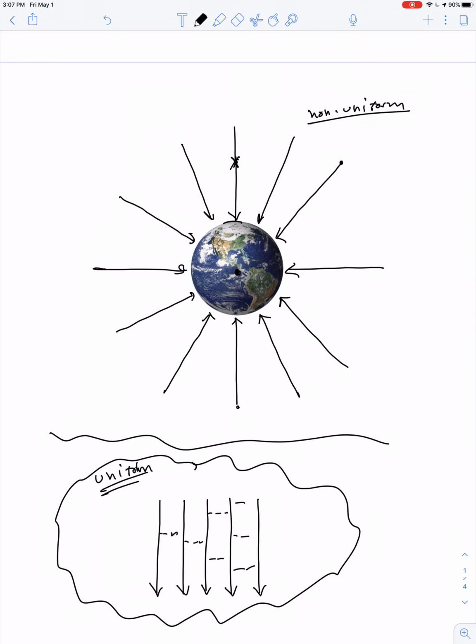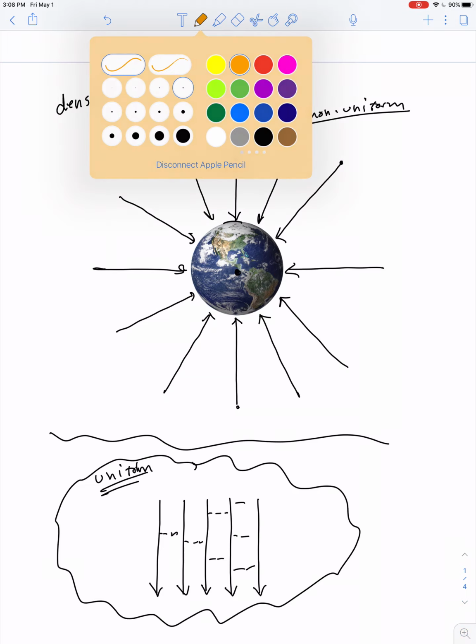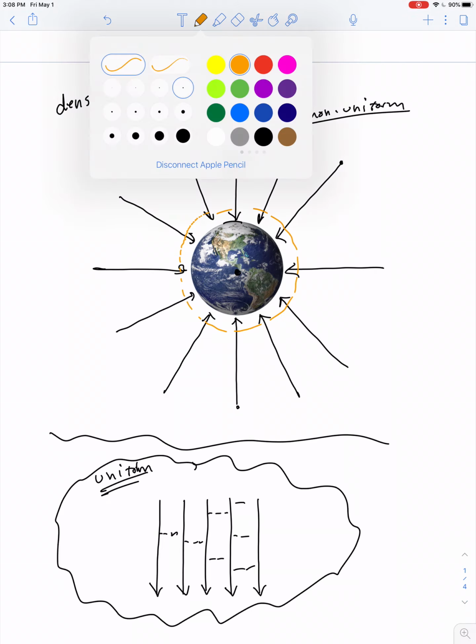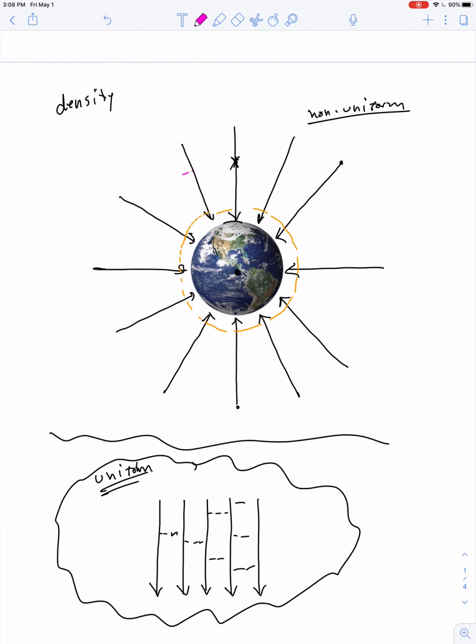So the strength of the field is indicated by the density of the field lines. Meaning, at some point here, right near the surface of the Earth, the field lines are separated by a small distance. If you work your way farther out, then the distance from one field line to the next becomes much larger.